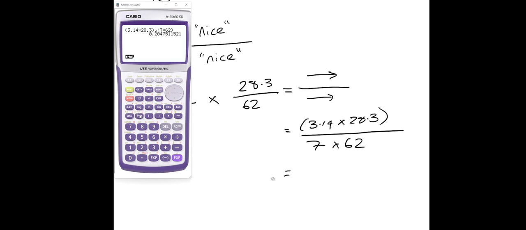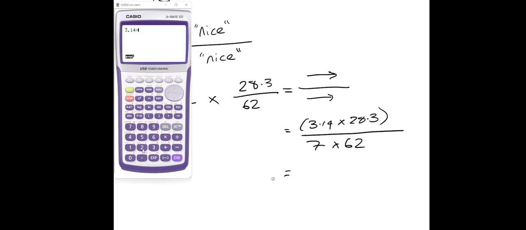It doesn't go into a whole number. There is no decimal fraction in this case that it goes nicely to, but we can kind of convert it into a proper fraction.